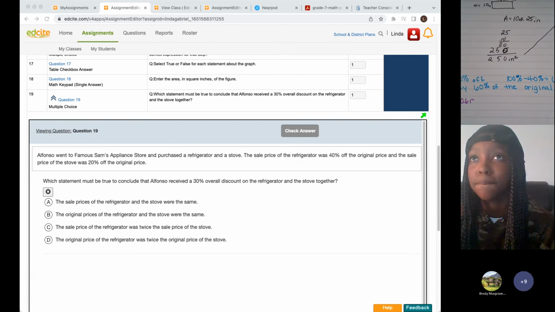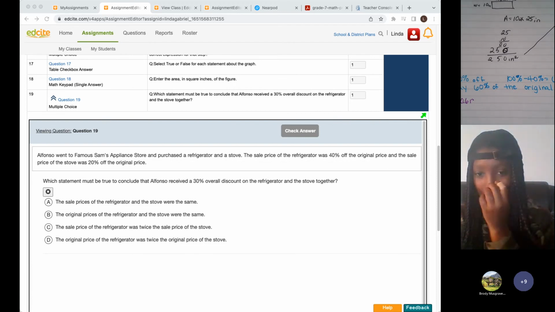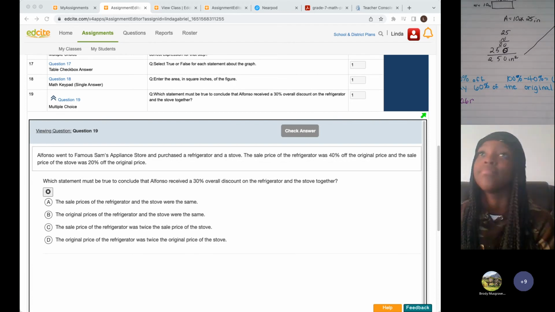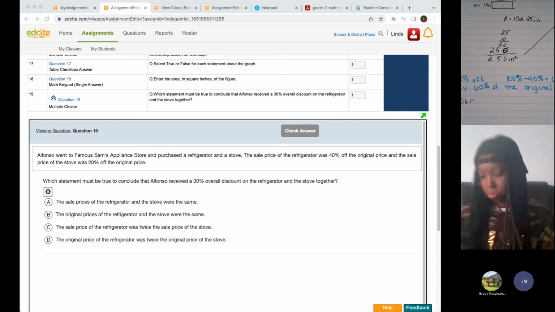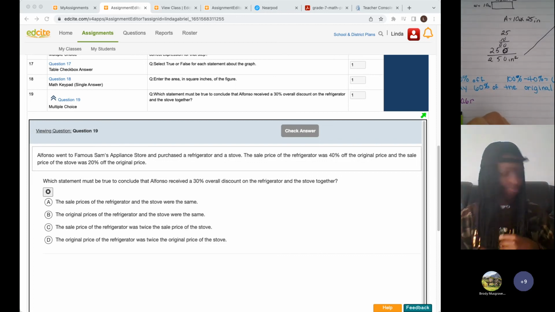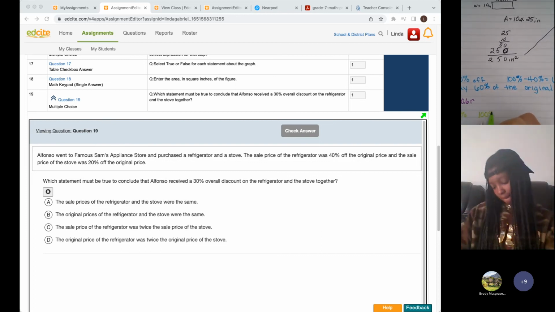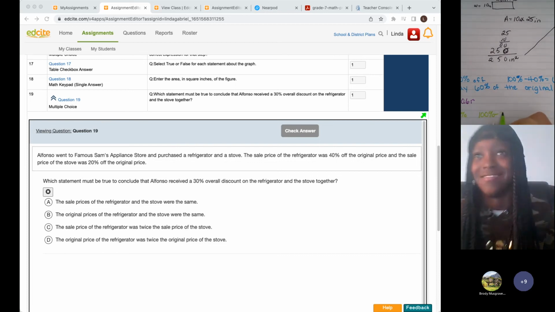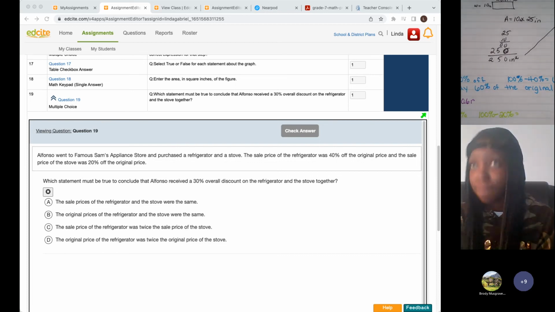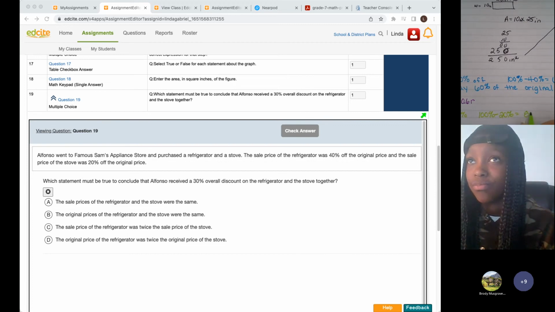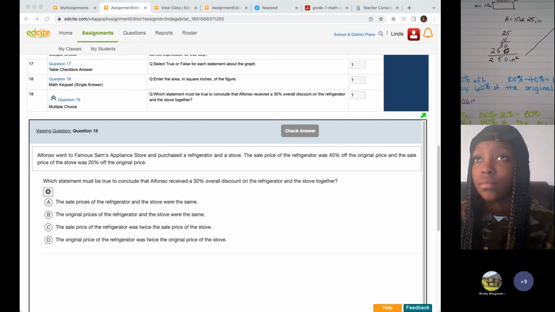Now let's figure out what I paid for the stove. I got 20% off, right? So the original price was 100% of the value. I took 20% off for the sale price, meaning I paid 80% of the original price.